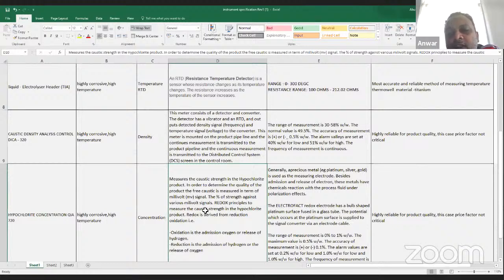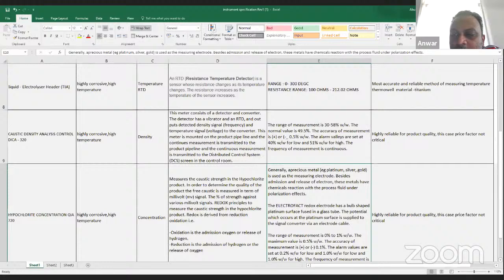So one instrument is doing maybe 3 or 4 jobs here to achieve one single output of concentration. The selection of this instrumentation uses very precious materials like platinum, silver, and gold as the measuring electrode. Besides admission and release of electrons, these metals have chemical reactions with the process fluid under polarization effect. So it's a very sophisticated instrument.